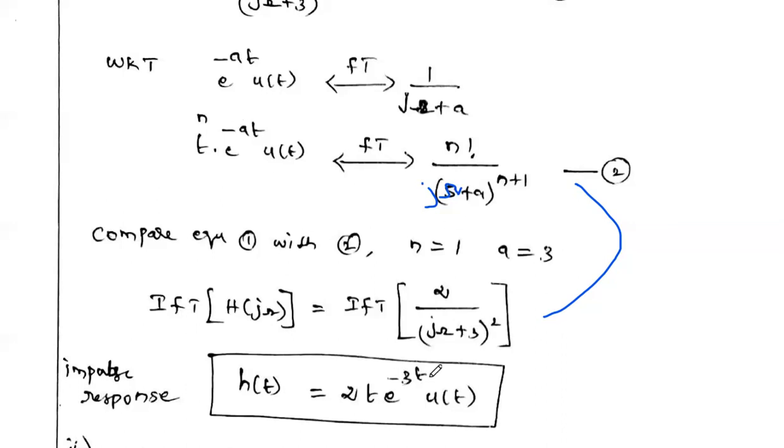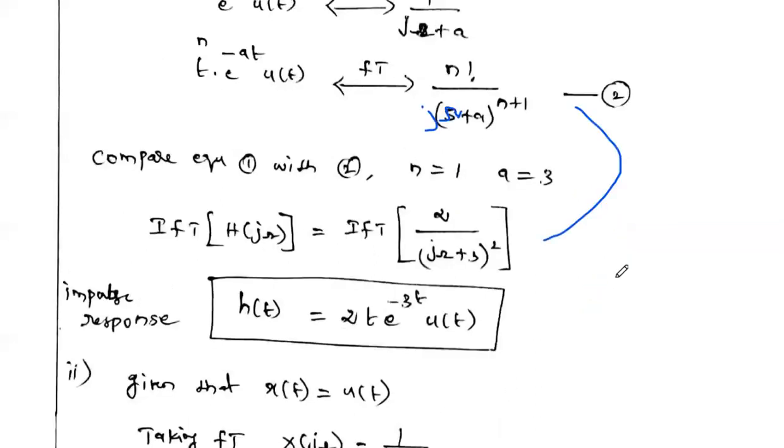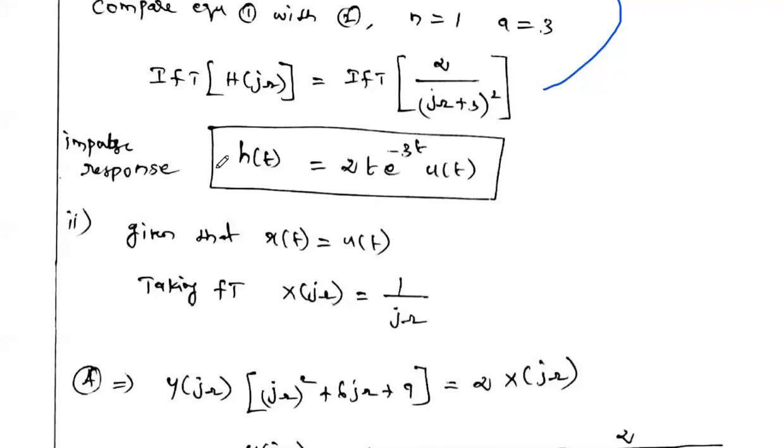So e power minus 3t into u of t. This is the impulse response of our given system. So when the roots of H of j omega are repeated and the expression is in this format, we may use this standard structure to get the impulse response.